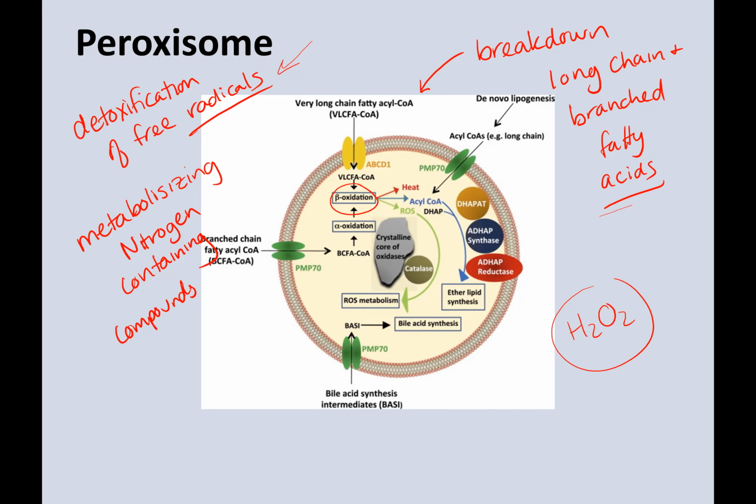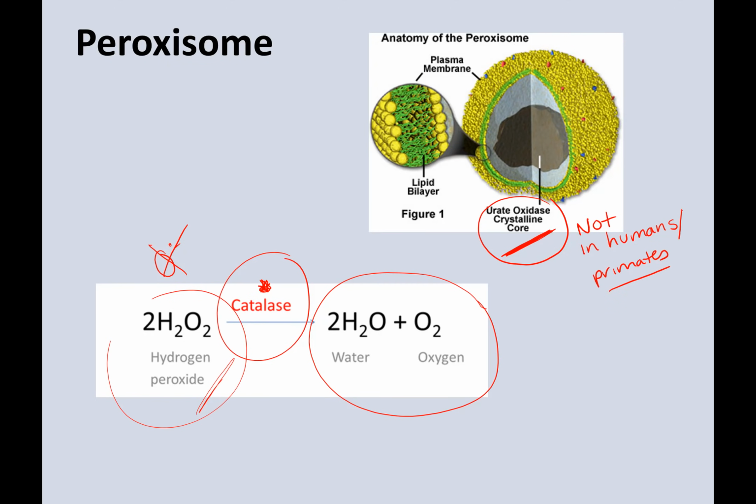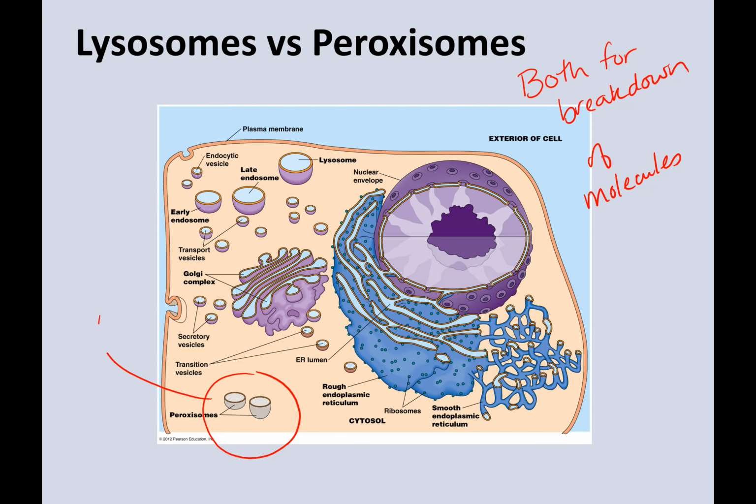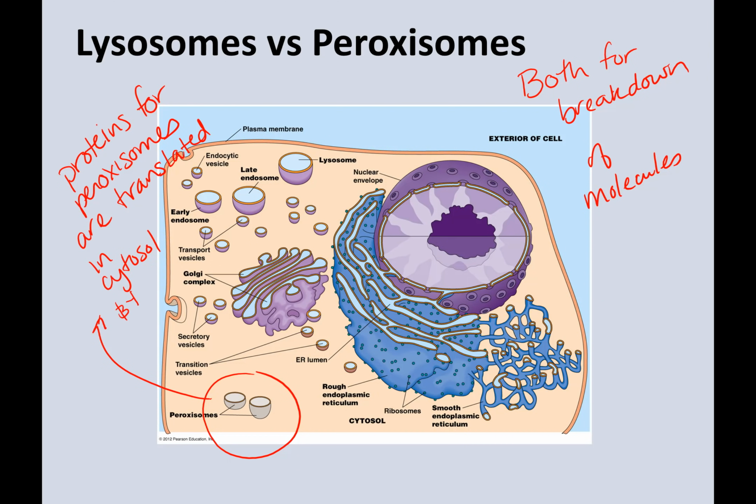And, let's go back here. Just remember that because peroxisomes are not part of the endomembrane system, the proteins for peroxisomes are translated in the cytoplasm or cytosol and then brought to the peroxisome by post-translational import.